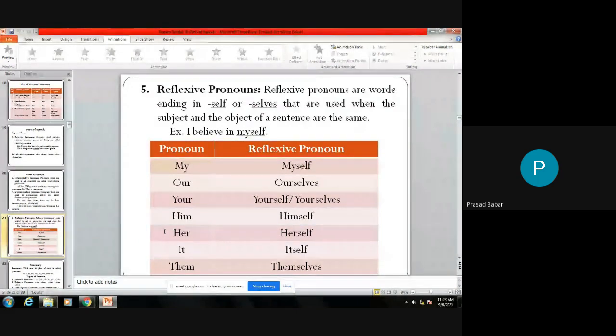Or when we add self or selves to the personal pronoun, then it becomes a reflexive pronoun. It is that easy.